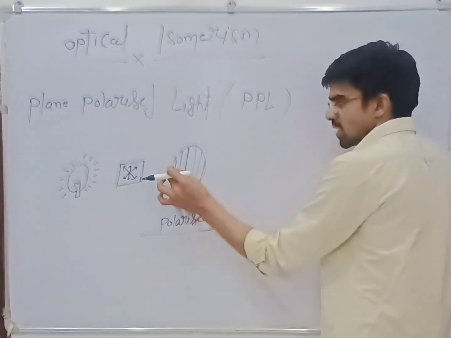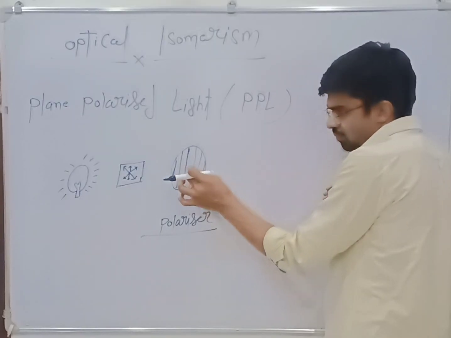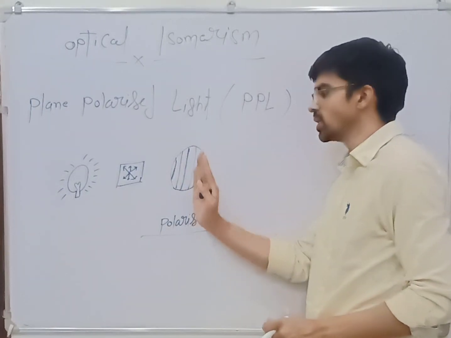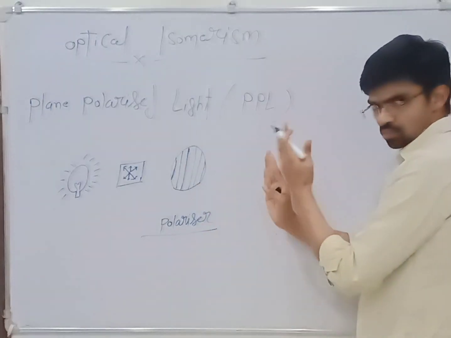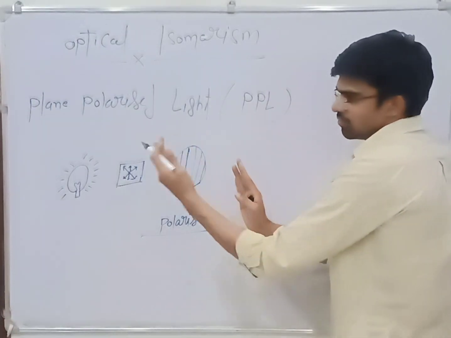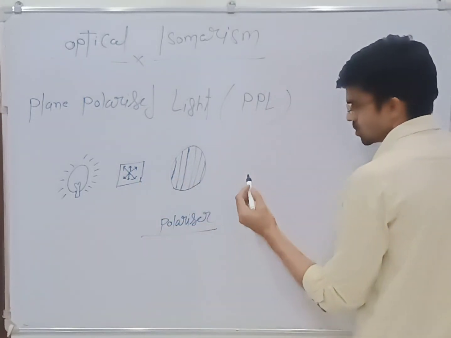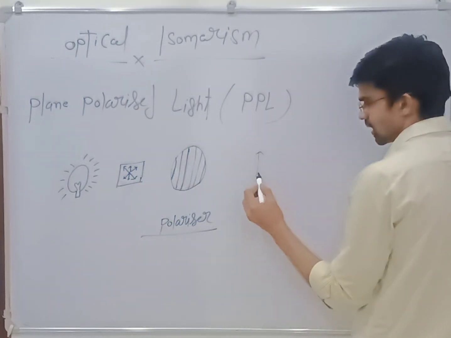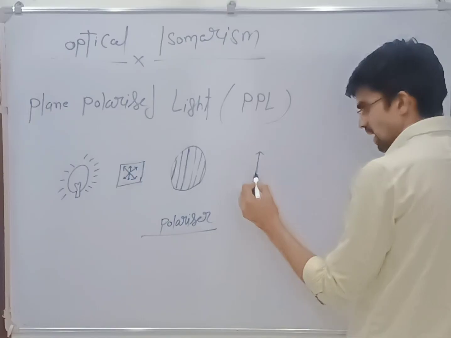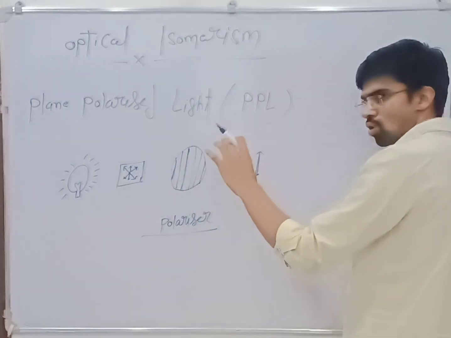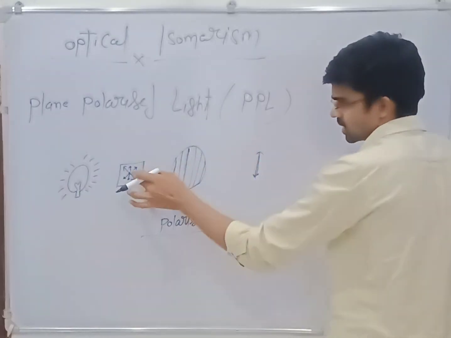Now you see there is a gap between the parallel lines, and these lines will only allow the light which is perpendicular to the propagation to pass. It will block all the other directions of light, like this direction, this direction.